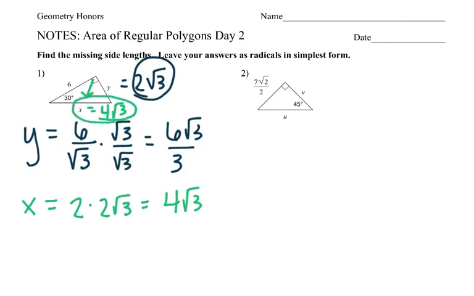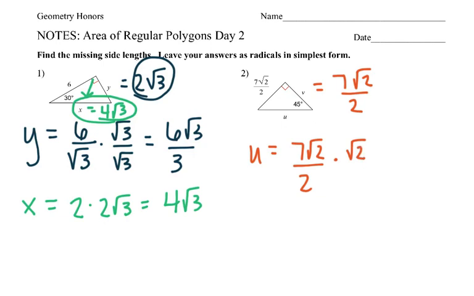So that's a 30, 60, 90. Number 2 is a 45, 45, 90. And so first we are given a leg, so it's pretty easy to say that V is also equal to 7 root 2 over 2. And then U, remember, is the hypotenuse. And to find the hypotenuse, we multiply the leg, 7 root 2 over 2, times root 2.